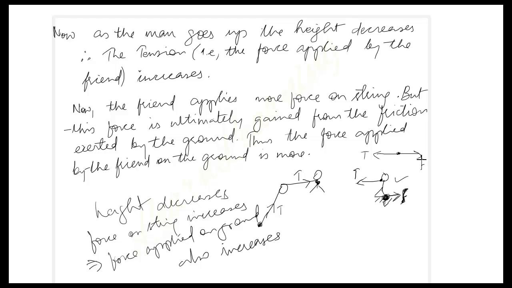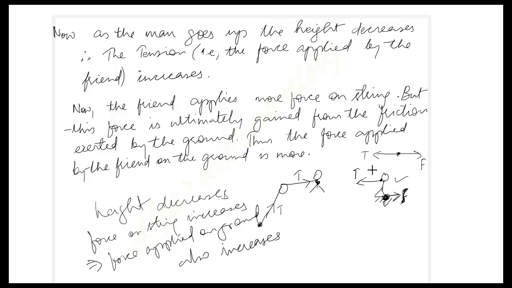We'll learn friction in the next chapter. A friction force acts on this object in the opposite direction. These two are equal, because this man is not moving. So the more force he applies on the string, the more he will be applying on the ground also, so that he doesn't move.